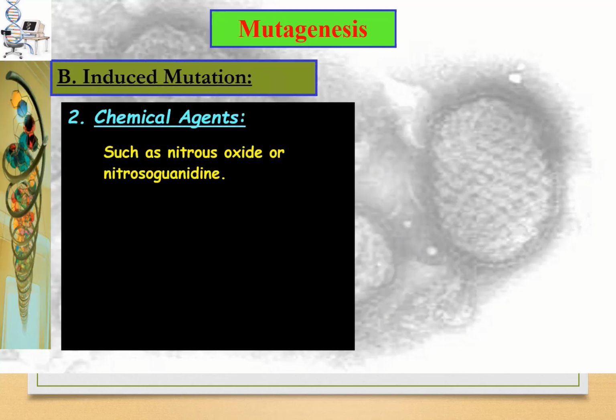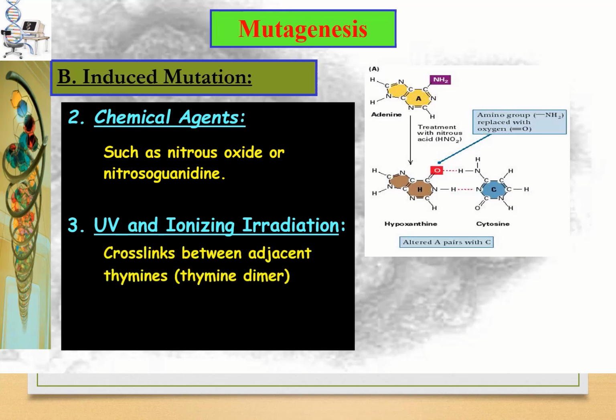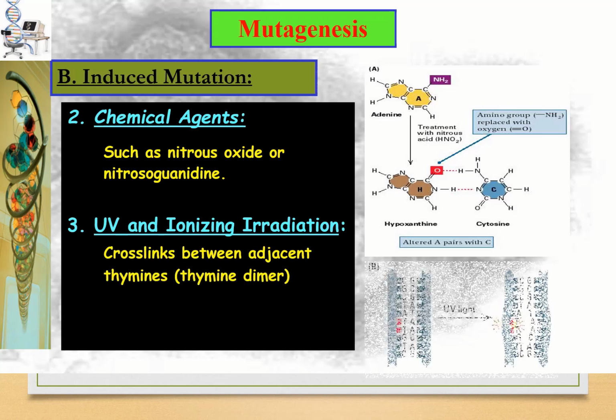Induced mutation by chemical agents such as nitrous acid or nitrosoguanidine, ultraviolet ray, and ionizing radiation, which cause cross-links between adjacent dimers.